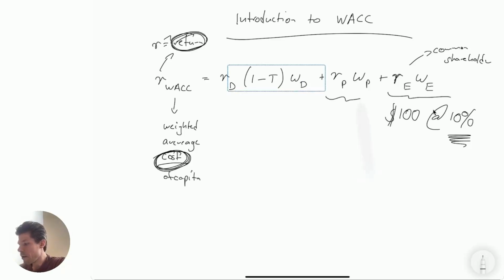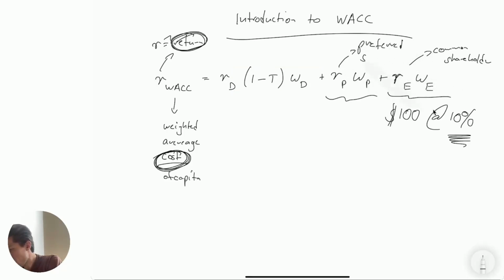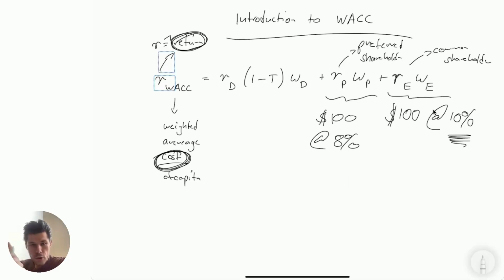Same for a preferred shareholder, RP. If they lend $100 because the investor bought preferred shares, they would potentially lend the money at a rate of, let's say, 8%. From a company perspective, it's a cost to raise $100 via preferred shares. They would need to pay $8, 8%.